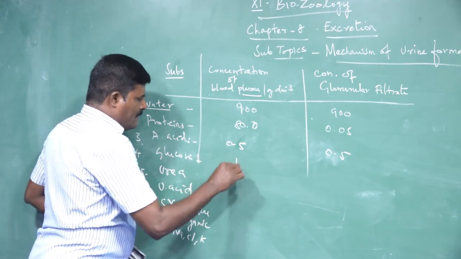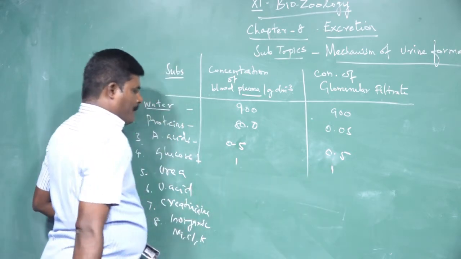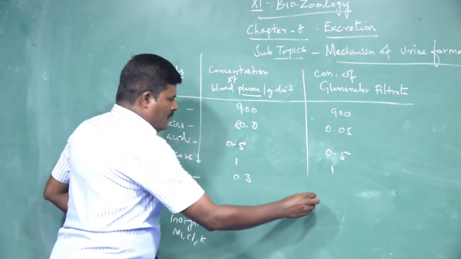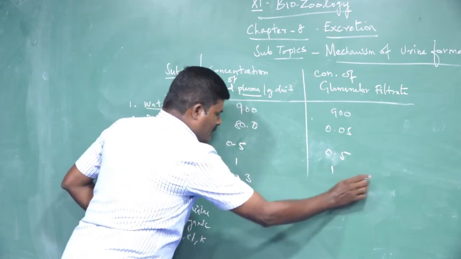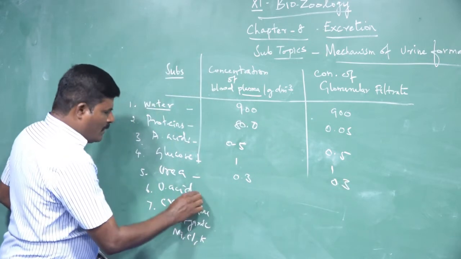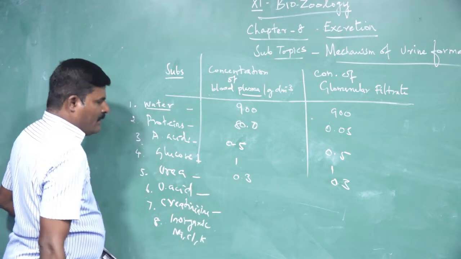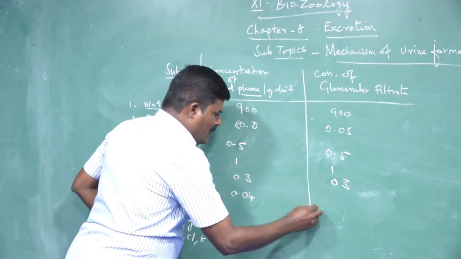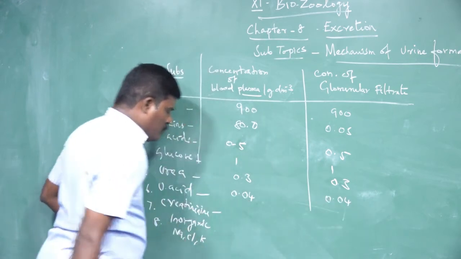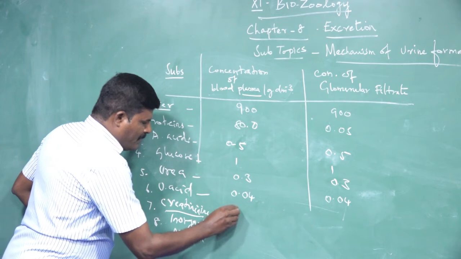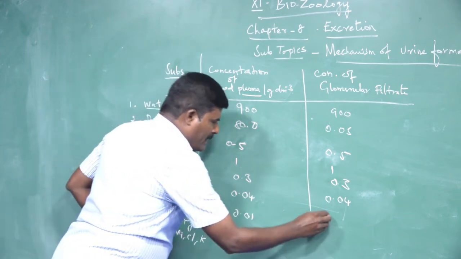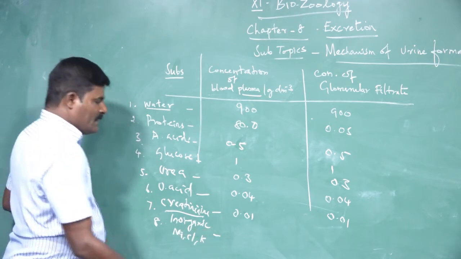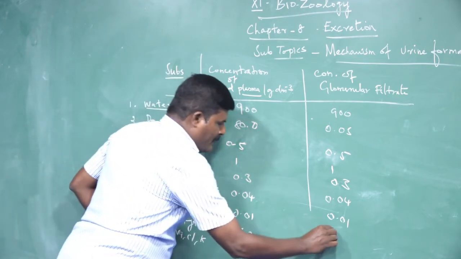Glucose is 1, and 1 in the filtrate. Urea is 0.3, here also 0.3. Uric acid is 0.04, the same in the filtrate. Creatinine is 0.01, the same in the filtrate. Inorganic substances are 7.2, the same in the filtrate.